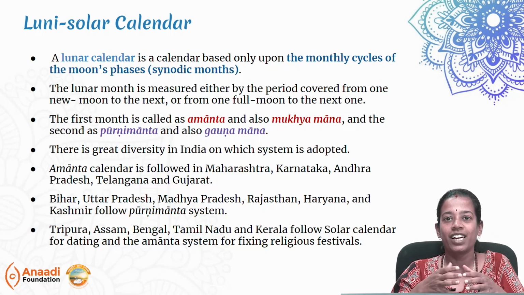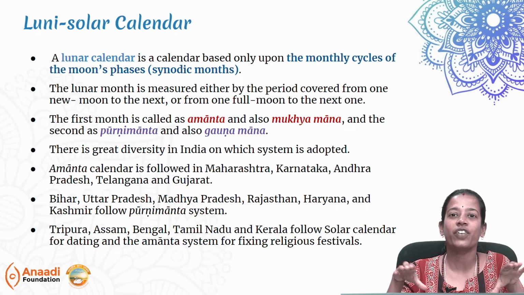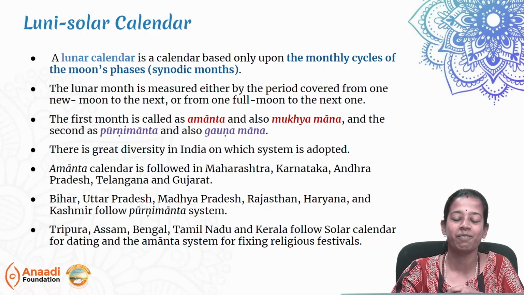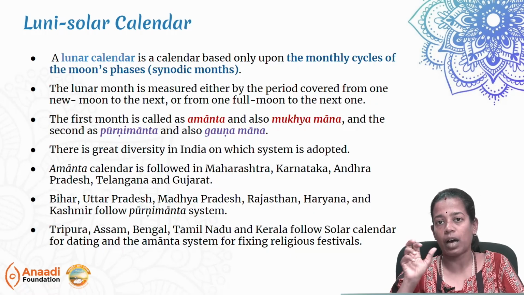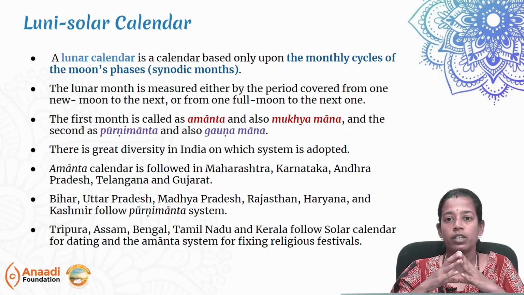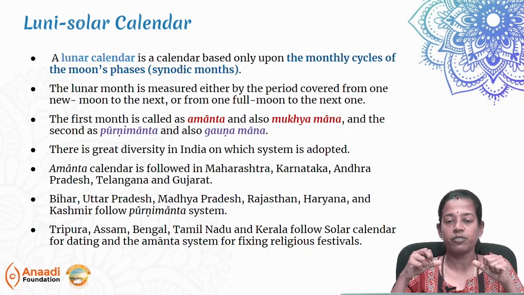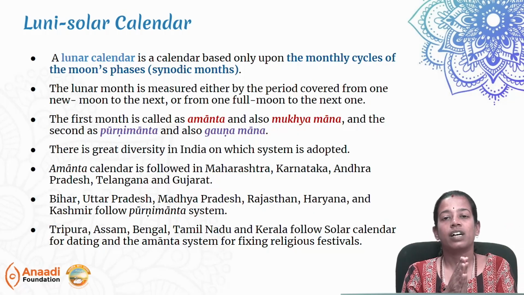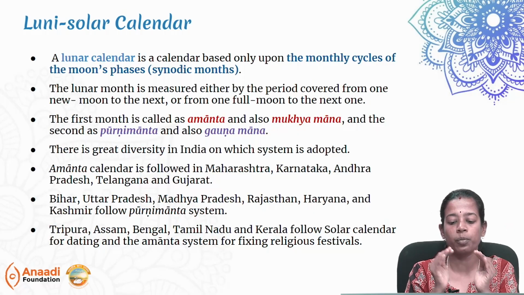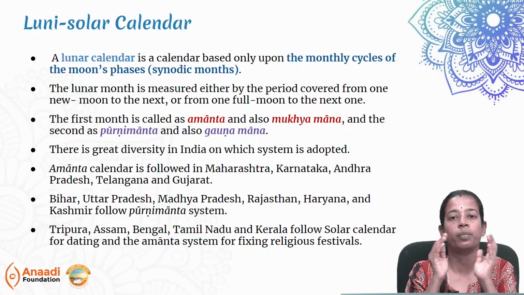Can you now see? Look at the intensity of calculation and the precision that they have worked on developing such a sophisticated calendrical system. So, what do we say? The Amanta system would be followed to fix the religious festivals, which is basically associated with the astronomical event of the moon being in a particular place and the sun being in a particular place.